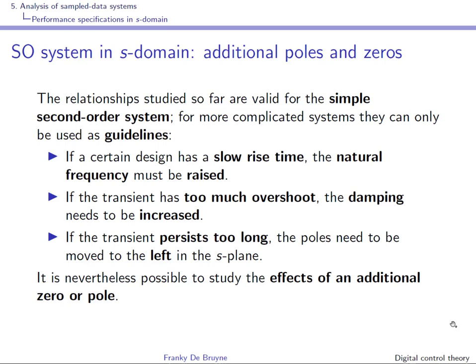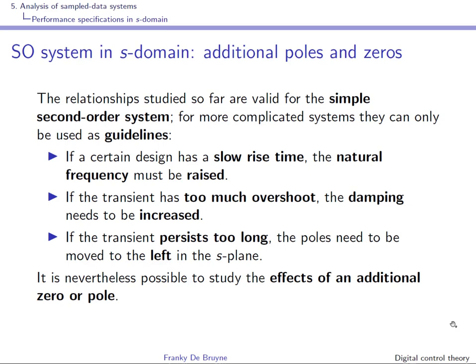So in reality, things become a little bit more complicated, but what we've seen here can still be used as a guideline. If you have a certain design and you see that the rise time is too slow, what you should do is increase the natural frequency of the dominant poles. If the transition has too much overshoot when you do a step response, then you need to increase the damping of your dominant second order poles.